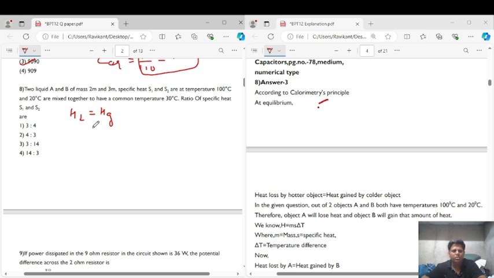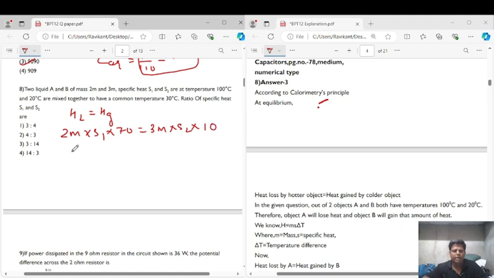So heat lost will be equal to m c delta T, that is, m is 2m into S1 into delta T, that is change in temperature from 100 to 30, that is 70, is equal to heat gained by a mass of 3m into S2 into delta T over here which is 10, right?